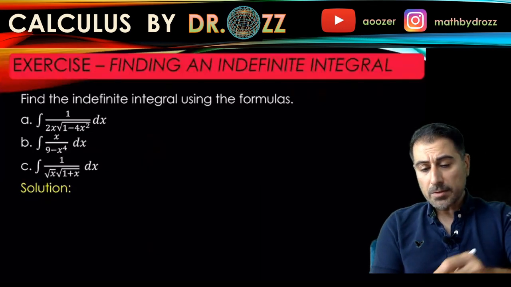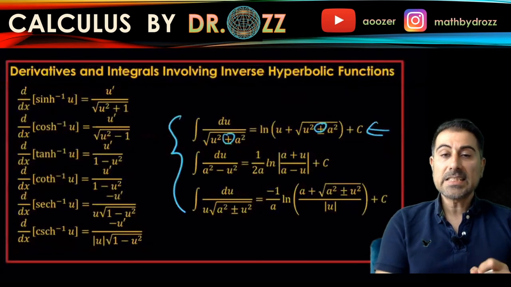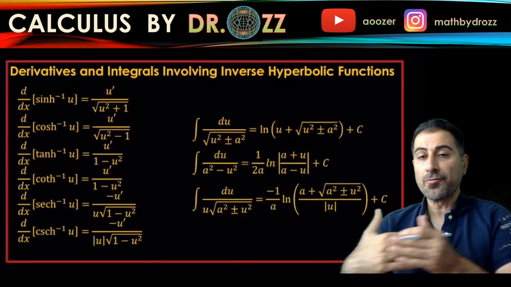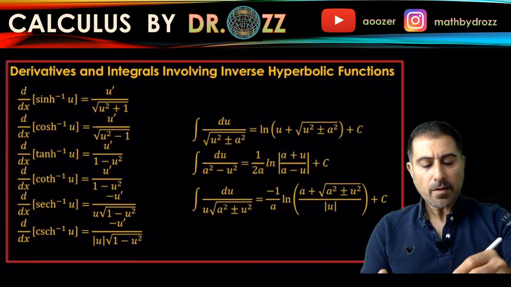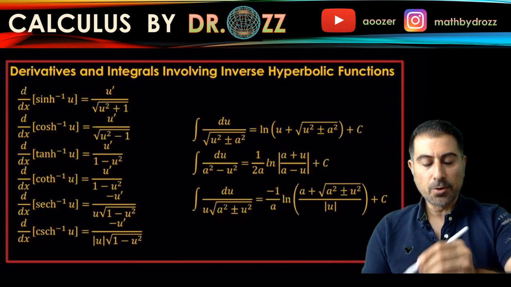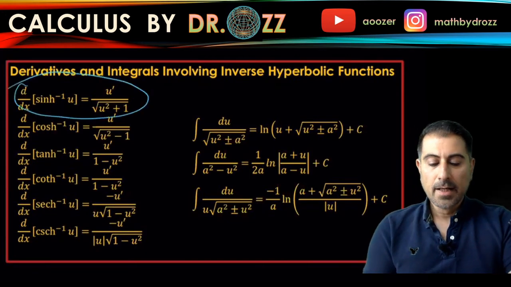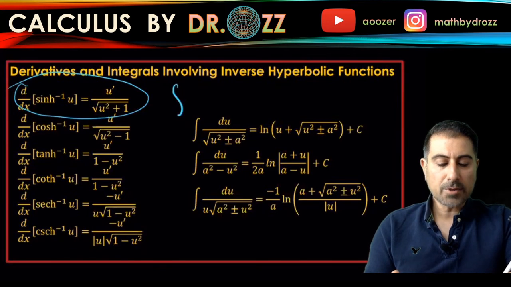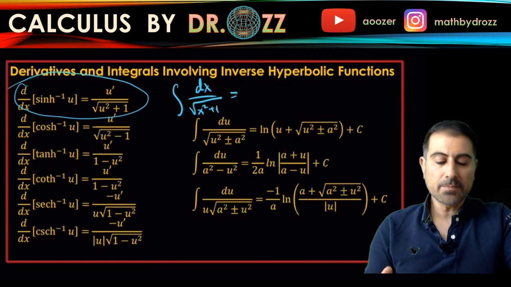What you can do next is to consider all of the derivative formulas in the form of integral formulas. For example, if you treat this derivative formula in the sense of antiderivatives, you can conclude that, taking u to be x, dx over radical x squared plus 1 is inverse sine hyperbolic x plus c.